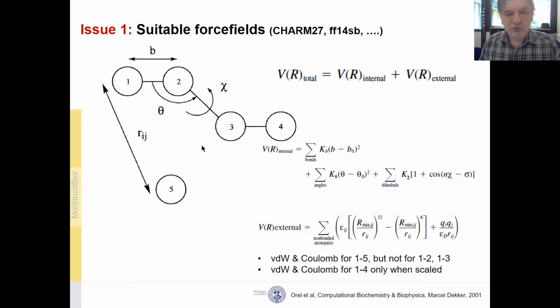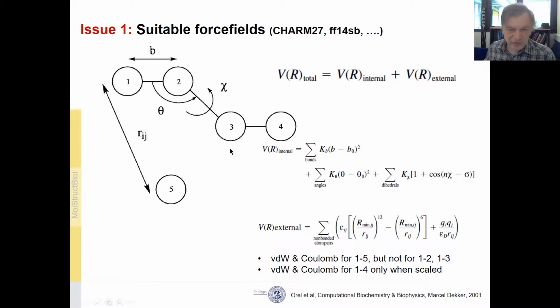So I talked about forces on atoms. These forces have to be somehow evaluated and calculated. There are different force fields, for example, CHARMM27 or Amber force fields like FF14SB. The general idea is always the same.